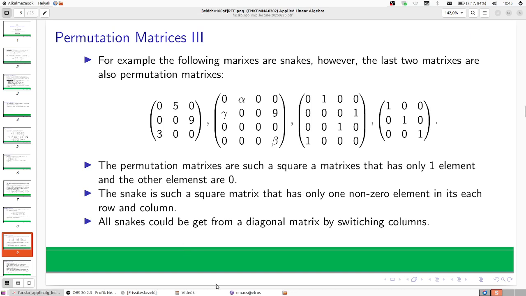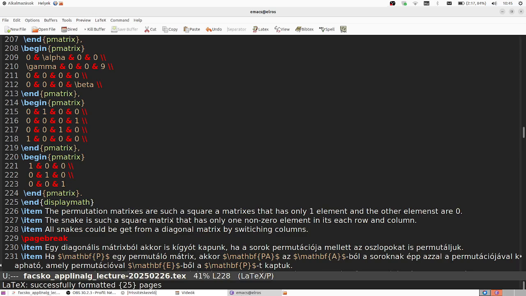And here there is a mistake. There are many mistakes, but this is a principal one. This is 0, not 9.